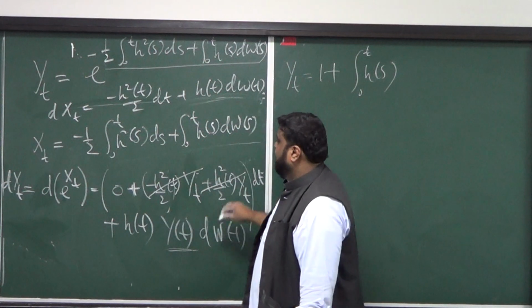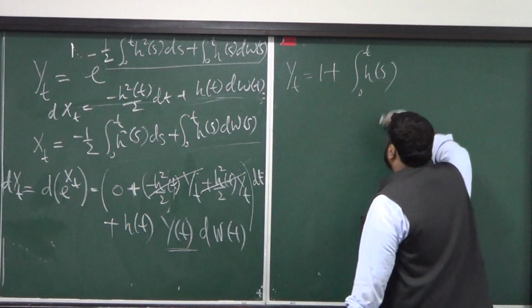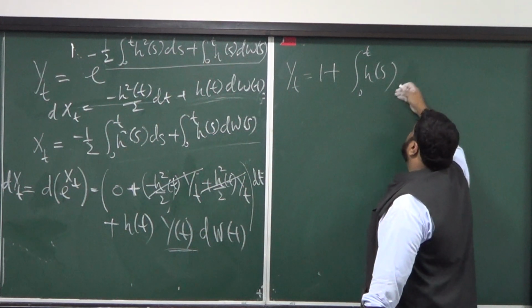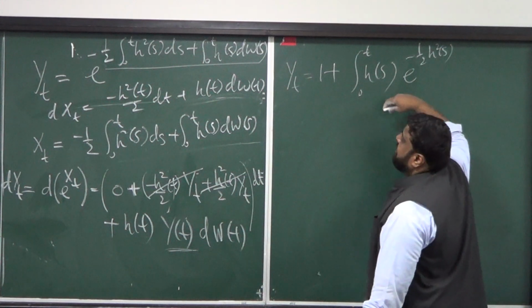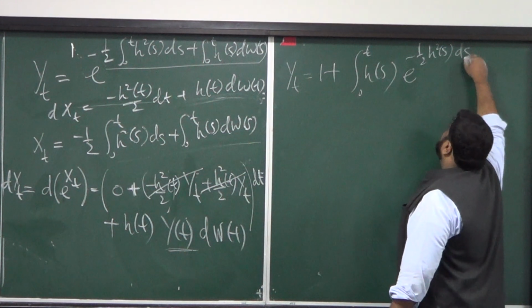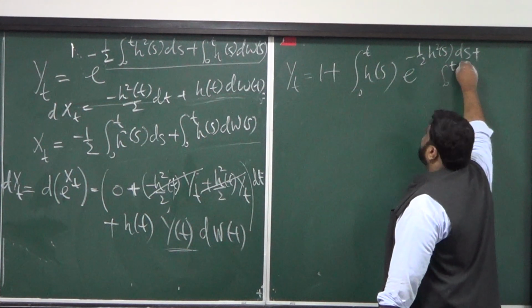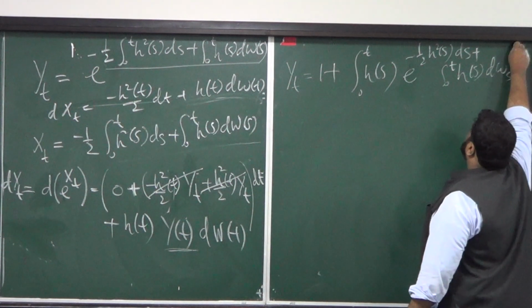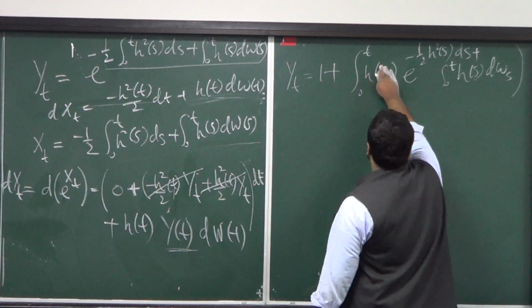No, y of t is e to this guy. Okay, so I can write this as e to minus 1/2 h square of s ds plus 0 to t h of s dws, and let's not use the s here.